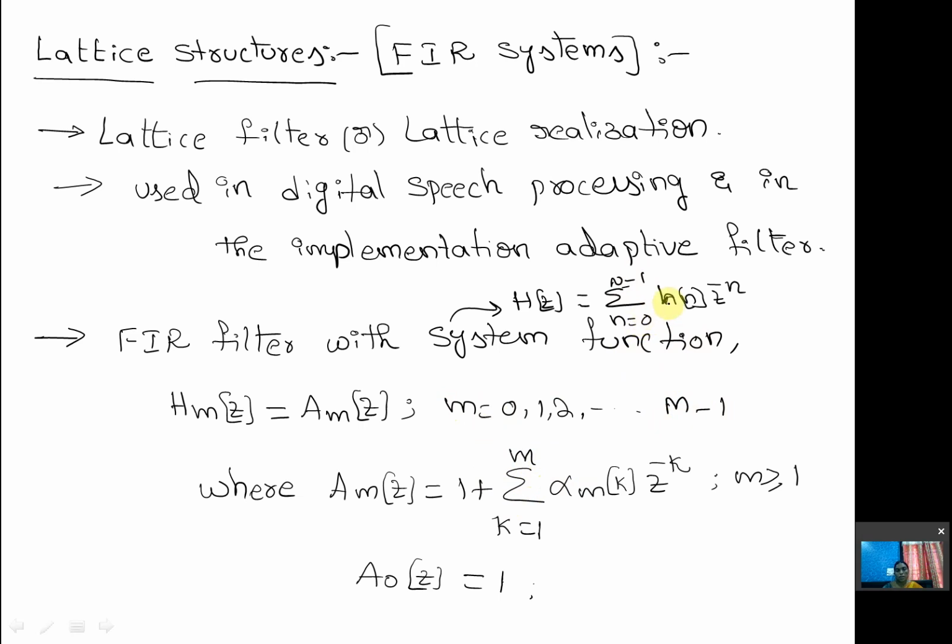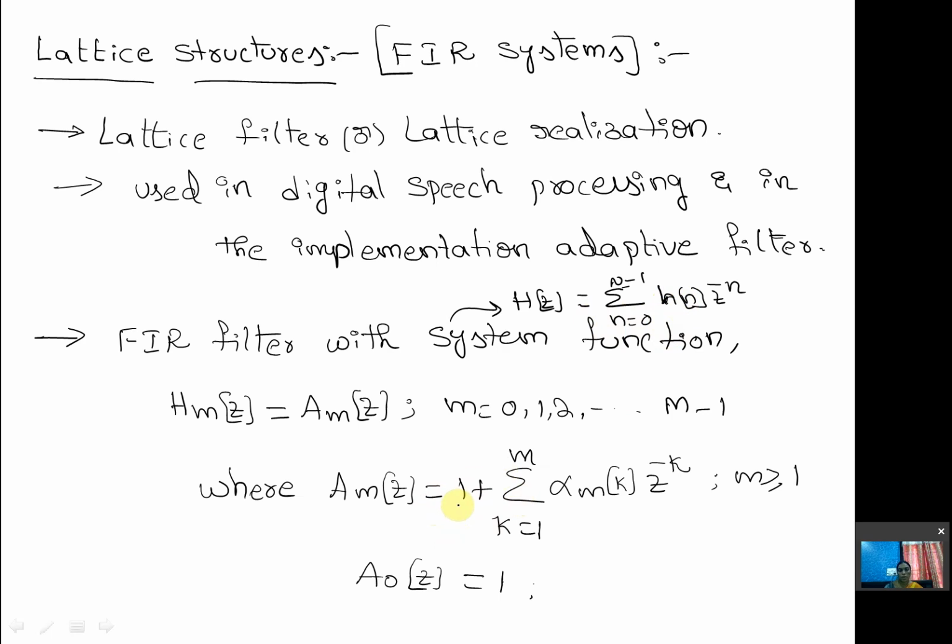Then I am separating out the n = 0 term. If I apply n = 0, h(0) into z power 0 means h(0) only. So h(0) plus the summation from n = 1 to N minus 1 of h(n) z power minus n. In this way also we can write this equation. At n = 0 the term is h(0), and I am assuming h(0) is 1 here.